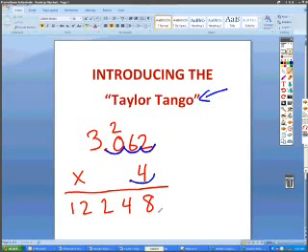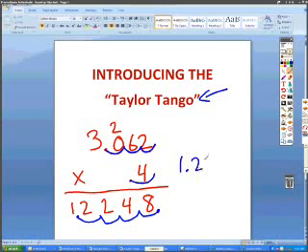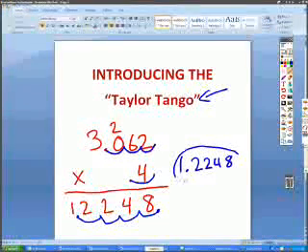Now you move your invisible decimal point, which is here, 4 places to the left. 1, 2, 3, 4. So your final answer is 1.2248, or 1 and 2,248 ten-thousandths.